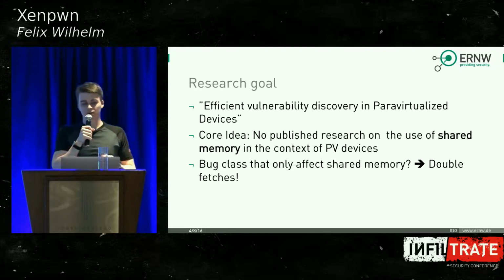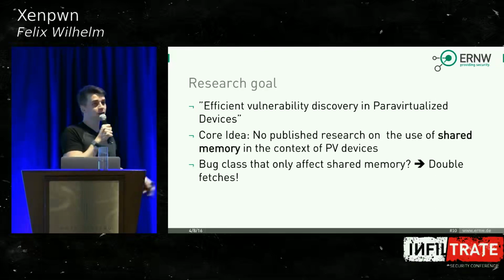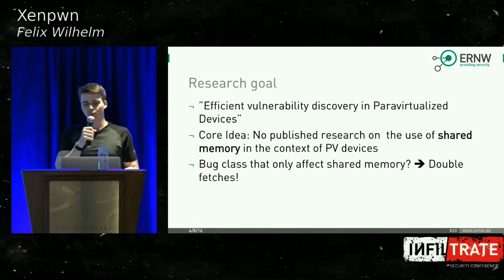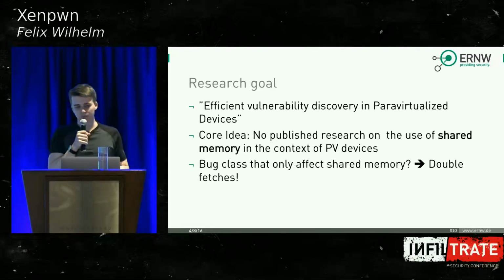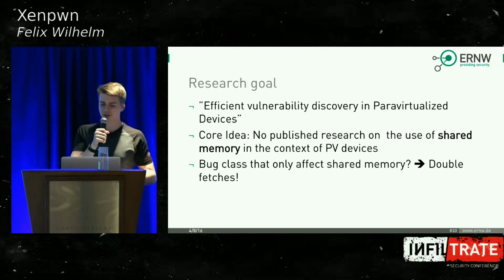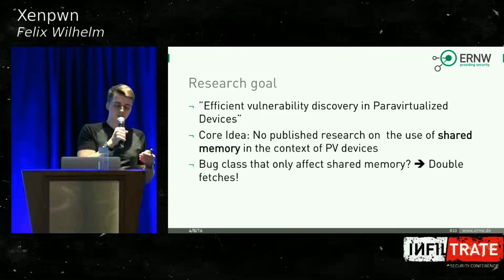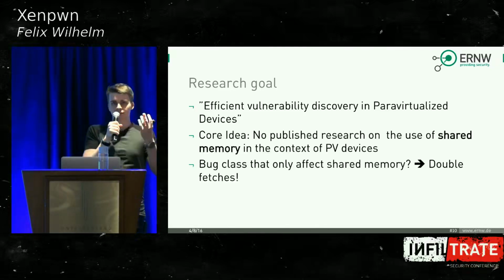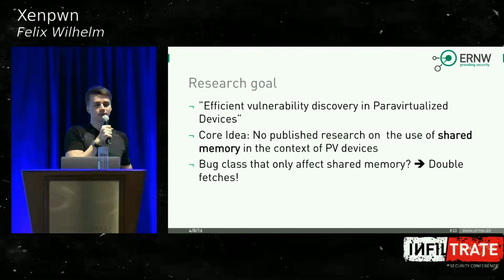I'm not the biggest fan of in-depth source code analysis of these backend components or binary reversing, because when you look at a proprietary hypervisor, you don't have source code for the backends available. So I wanted to automate it in some way. The core idea of this work is that you don't see any published research on whether the use of shared memory affects the security of para-virtualized devices in any way.